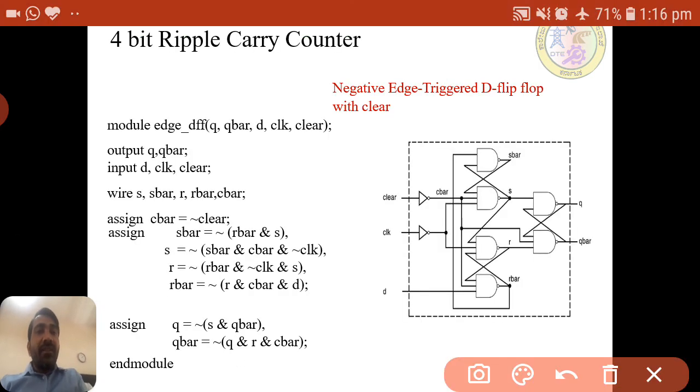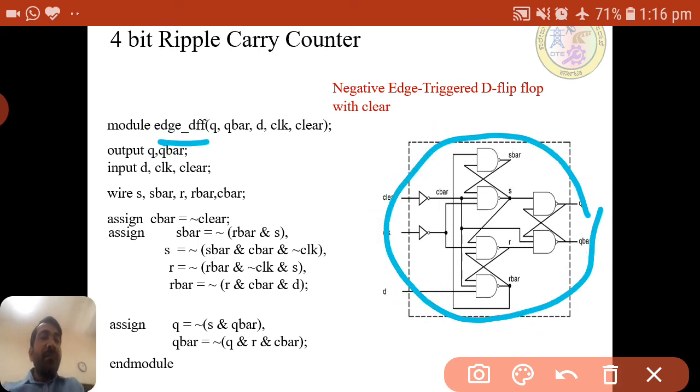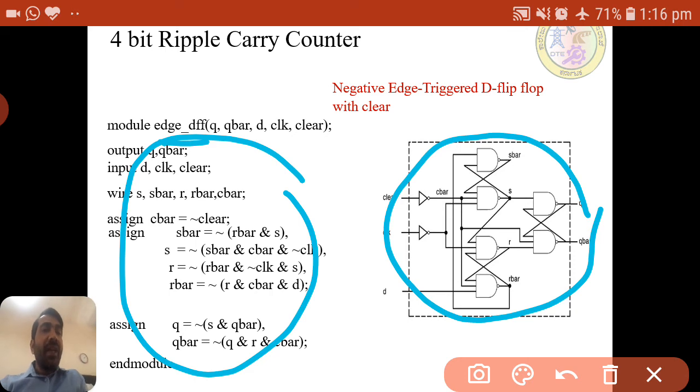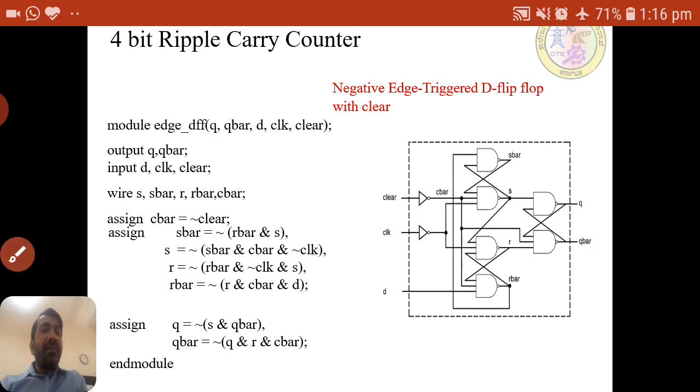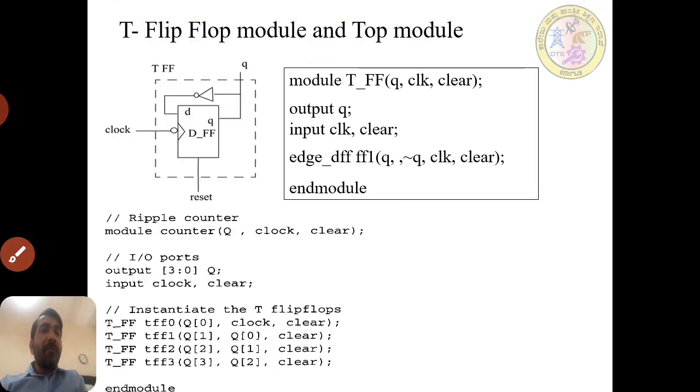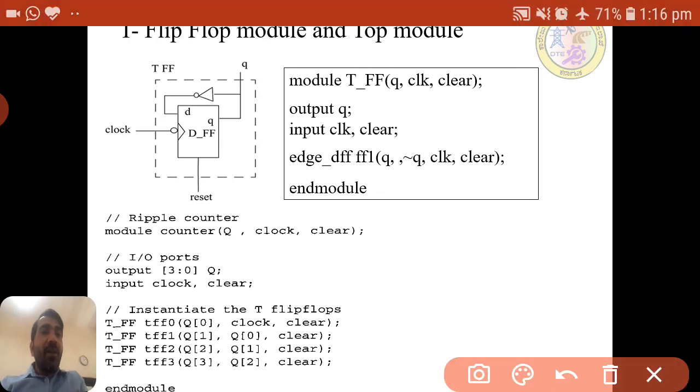Here the module name is edge underscore D flip flop. So the T flip flop individually, D flip flop with clear here. Individually we have written it like the 1-bit full adder, so this one we are calling here, that is edge D flip flop.